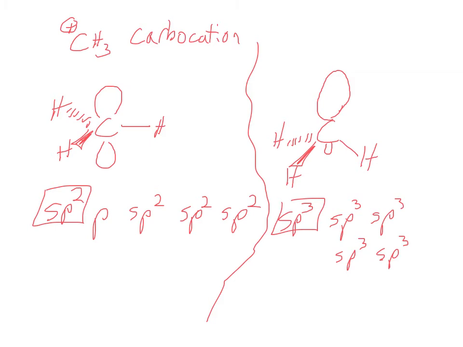Which one of these models gets the electrons in the bonds as far away from each other as possible? This bond angle here is 120. What's the bond angle here in this sp3 hybrid? 109.5. So that got the electrons in those bonds as far away from each other as possible. Like things repel each other.